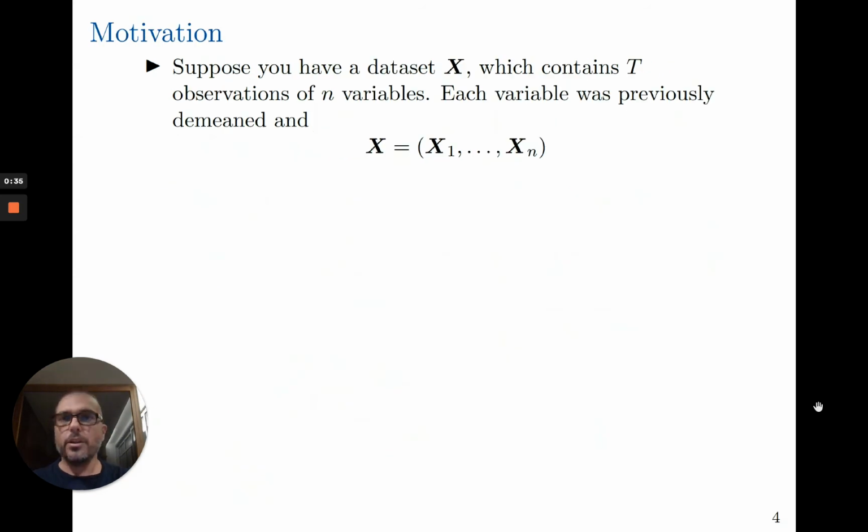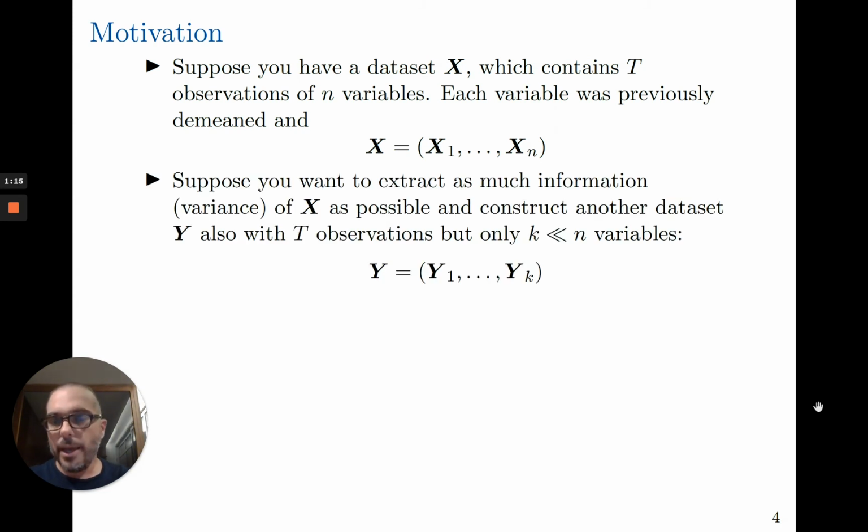Okay? So let's start with the motivation. We have a data set that we call X, which contains capital T observations, observations over time of n variables, where n indexes the size of the cross-section. We also assume that each variable was previously demeaned, so we save the data in this matrix X that will have T rows and n columns.